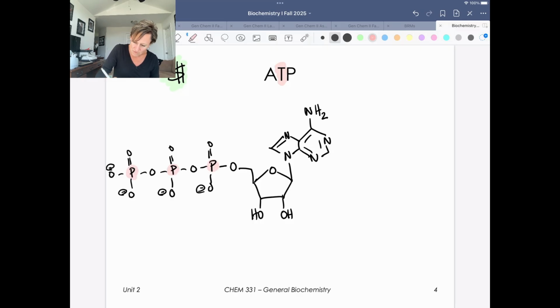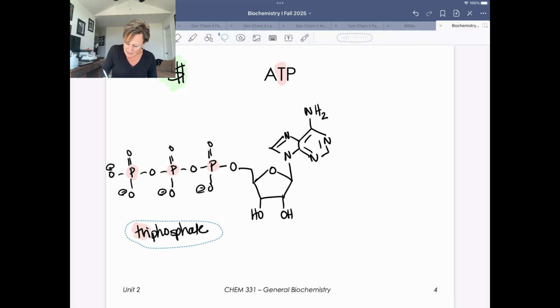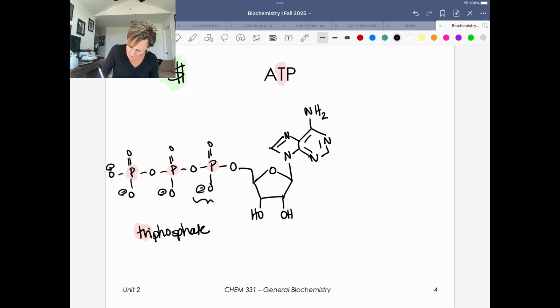Okay, so in this case, highlighting adenosine triphosphate is important because I have 3 phosphates here, so 3 phosphorus atoms. So again, that triphosphate comes here. I'm going to move this down a little bit because I want to highlight that there is some formalism for how we think about these phosphates. Each one I'm bracketing here.